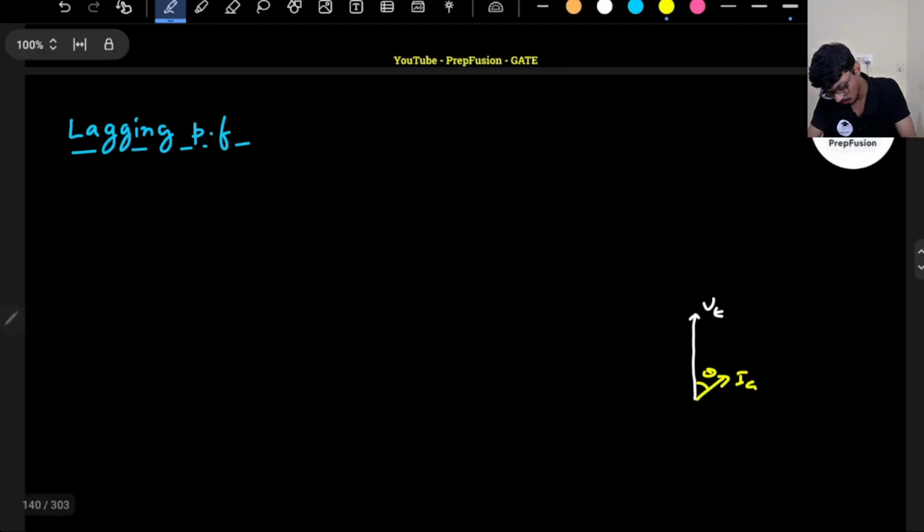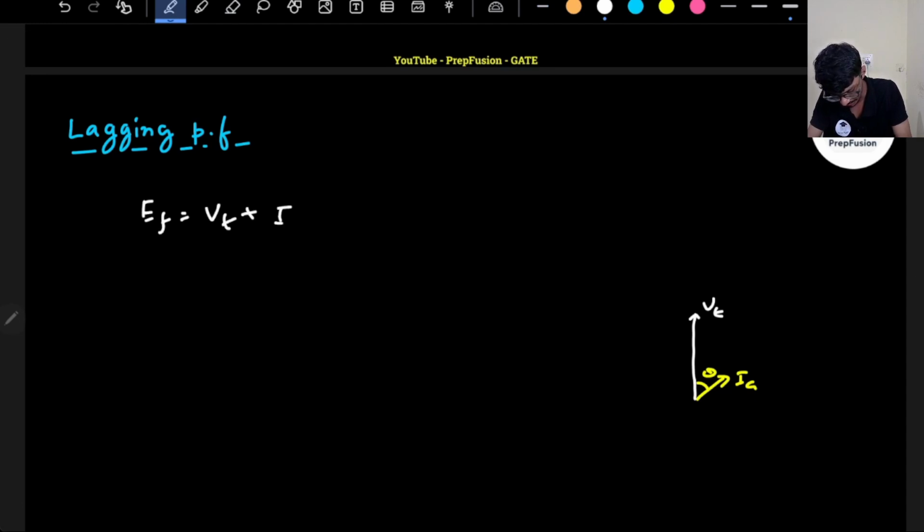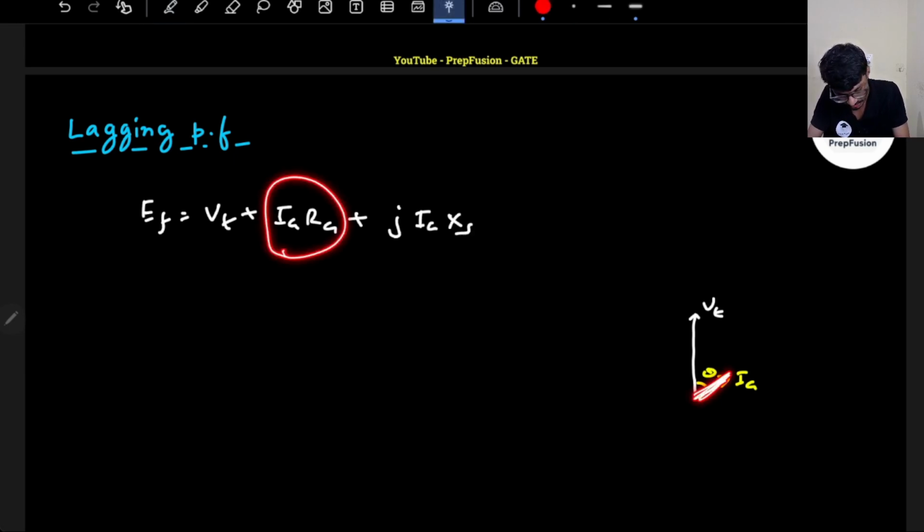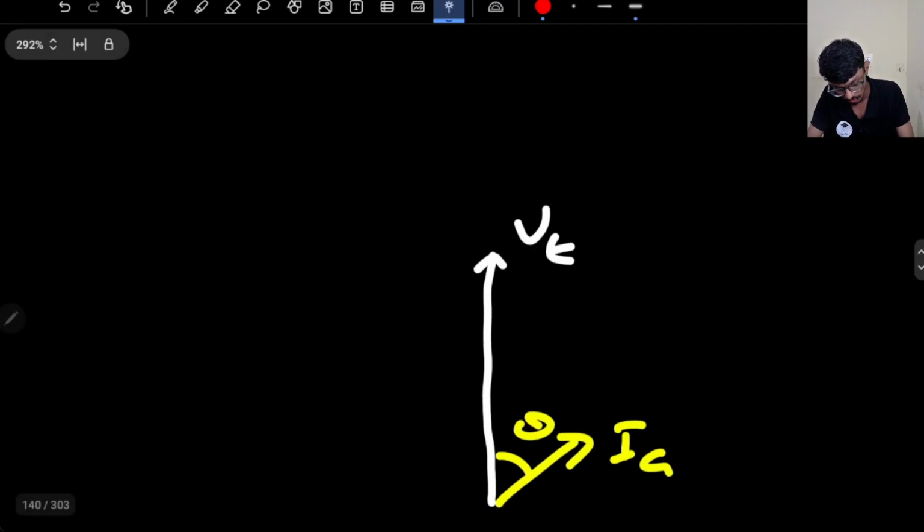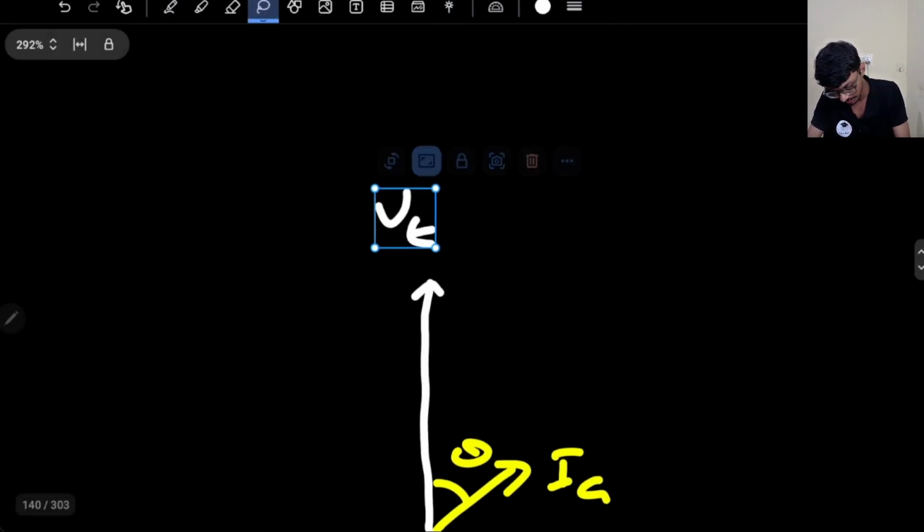Now what is my EF? EF is again the same thing, it is Vt plus IaRa plus J IaXS. Remember Ia is not in the same direction, so IaRa will be somewhat here.